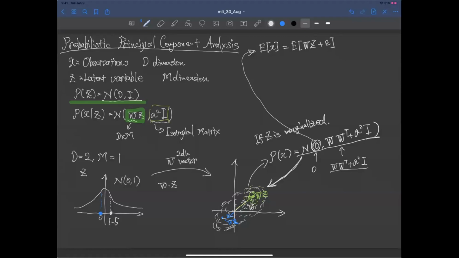In this model, X is WZ, and there's also a variance term, which I've just written as epsilon. Expectation has linearity, so we can write it like this.